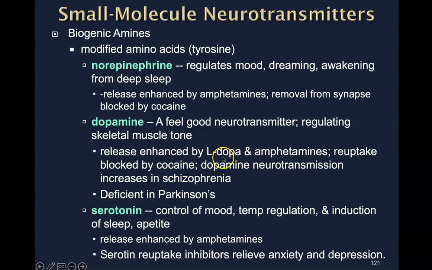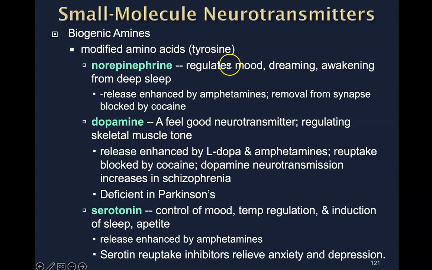And so a lot of times they'll actually give these patients something called L-Dopa, which enhances the effects of that dopamine, enhances the release of that dopamine from the presynaptic neuron. So again, L-Dopa and amphetamines will enhance the release of dopamine. Also, cocaine, just like before, is going to block the reuptake of dopamine.